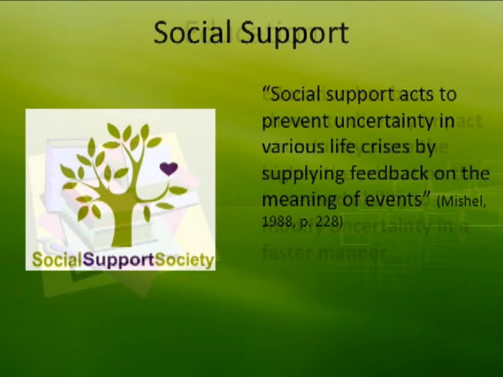Social support acts to prevent uncertainty in various life crises by supplying feedback on the meaning of events. Social support directly modifies three types of uncertainty: ambiguity related to the state of the illness, complexity of treatment, and unpredictability of the future. The uncertainty of illness is abated when information about ambiguity, treatment, and the trajectory is shared among support members.